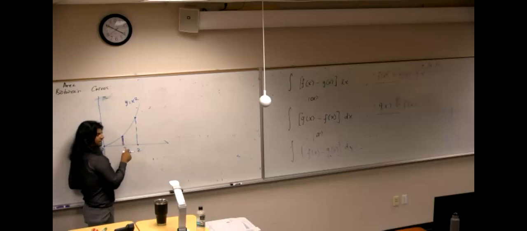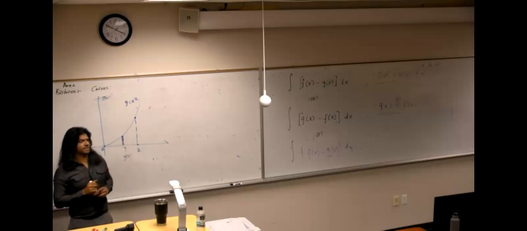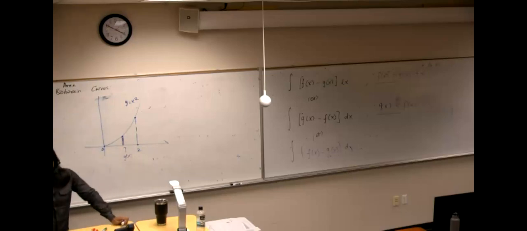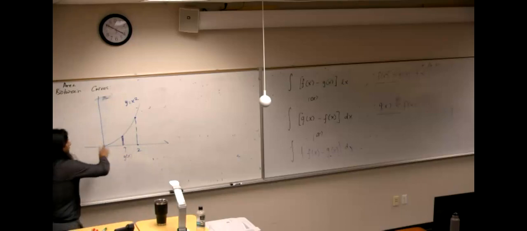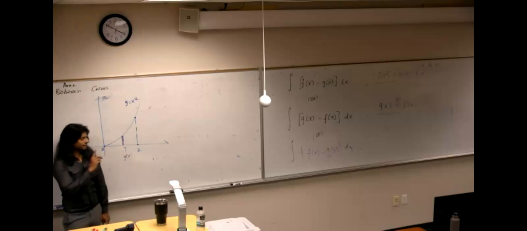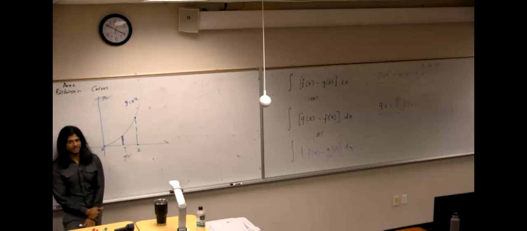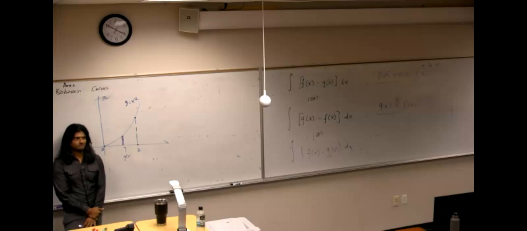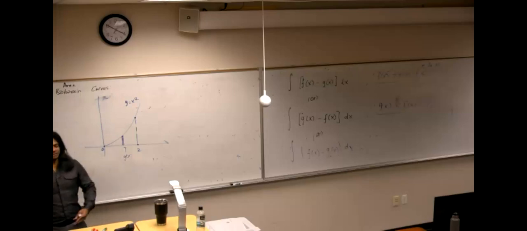Did you all talk about this in Calculus 1? What does that strip refer to? Riemann sum. It's part of the Riemann sum, but that is not what the strip is. I kind of gave a hint when Michael said it's a Riemann sum.